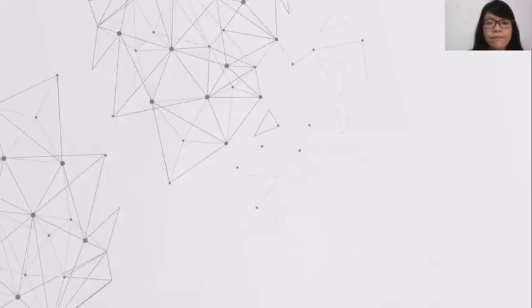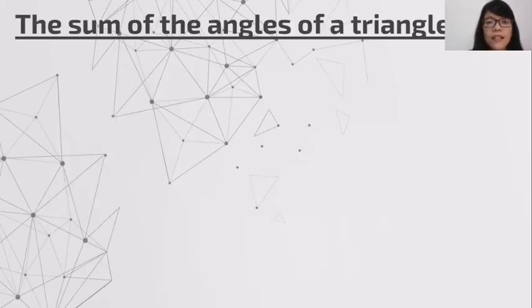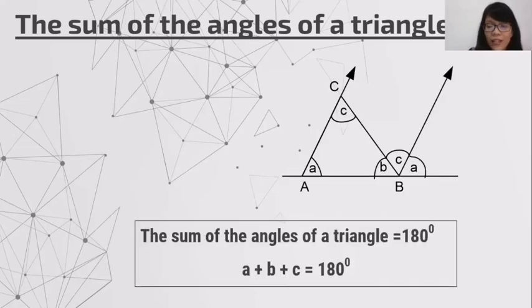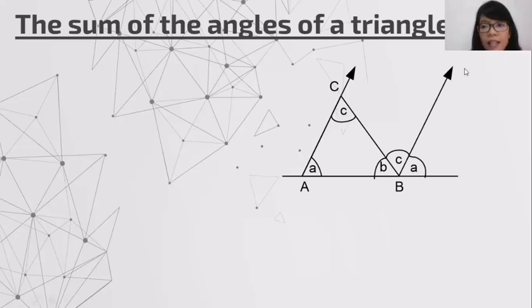Okay, the sum of the angles of a triangle. This is the thing that I already told you before, that the sum of the angles of a triangle is 180 degrees. Okay, so let's check on how you get 180 degrees.